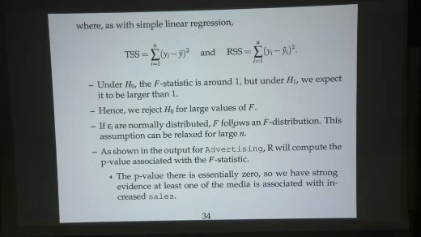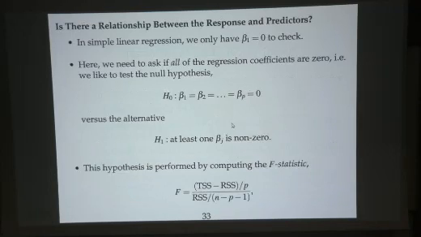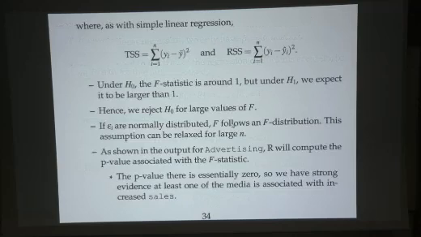On average, it's larger than 1. So if the F statistic you computed is significantly larger, then you reject your null hypothesis, and you say we have evidence that one of them is non-zero.